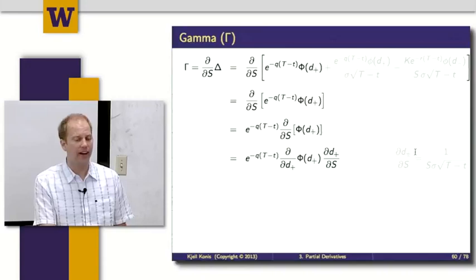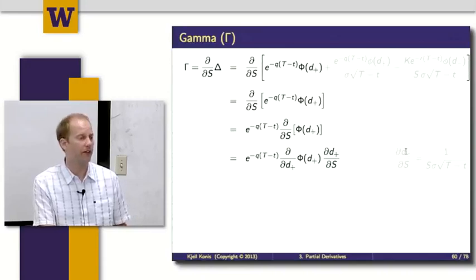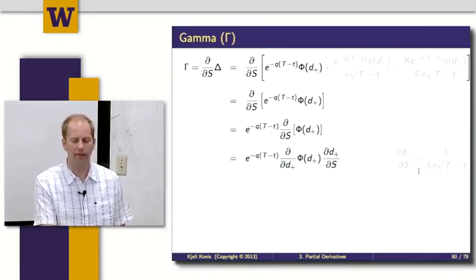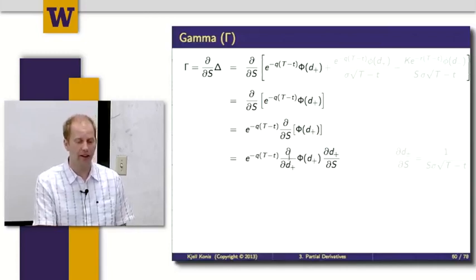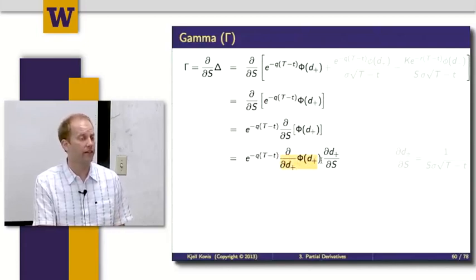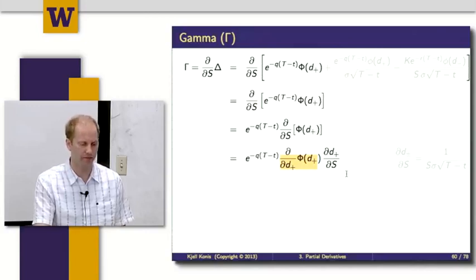And we've already calculated that as well, so the partial derivative of either d plus or d minus with respect to s is just 1 over s times sigma times the square root of T minus t. And then this we've already seen before, this is the derivative of our indefinite integral, so this is just going to be equal to lowercase phi of d plus.